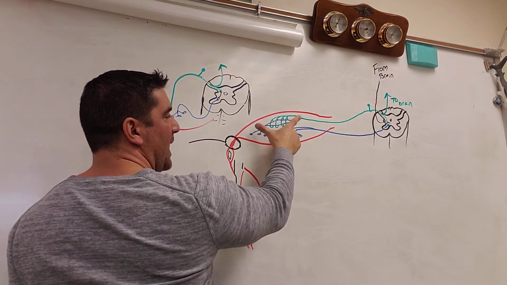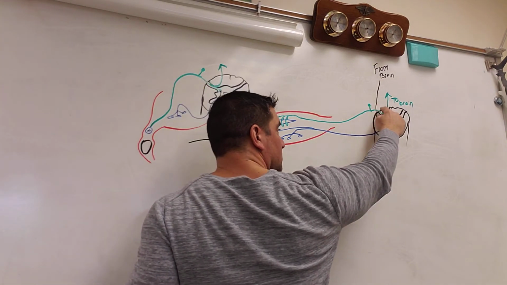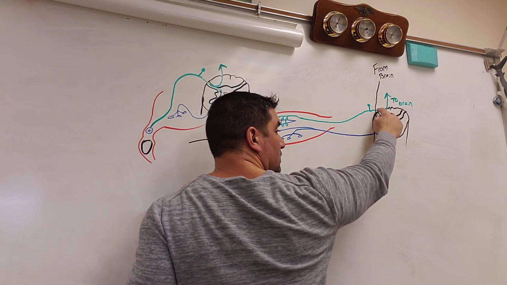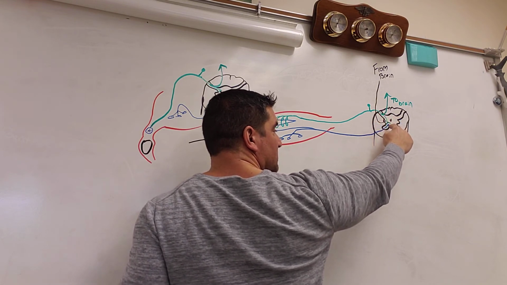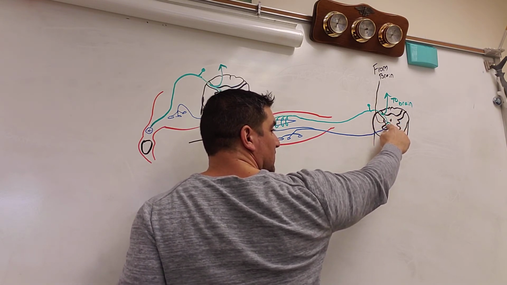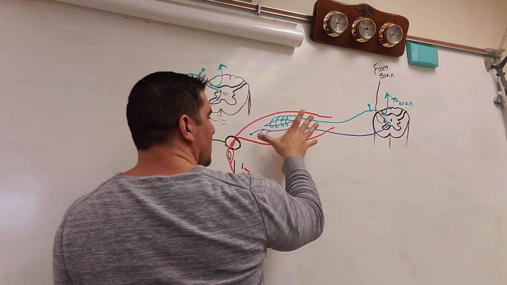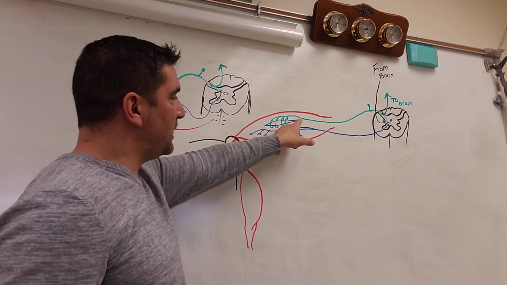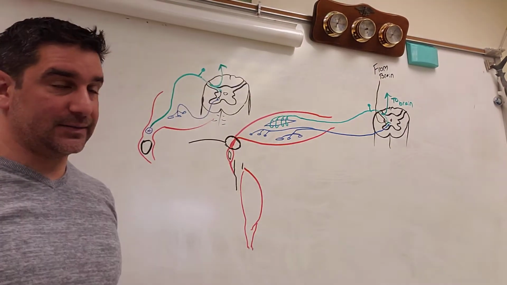It fires with rapid stretching, generates an action potential, dorsal root, dorsal horn, synapses in the ventral horn with the alpha motor neuron, causes the muscle to contract. So muscle spindles cause the muscle that they're in to contract.